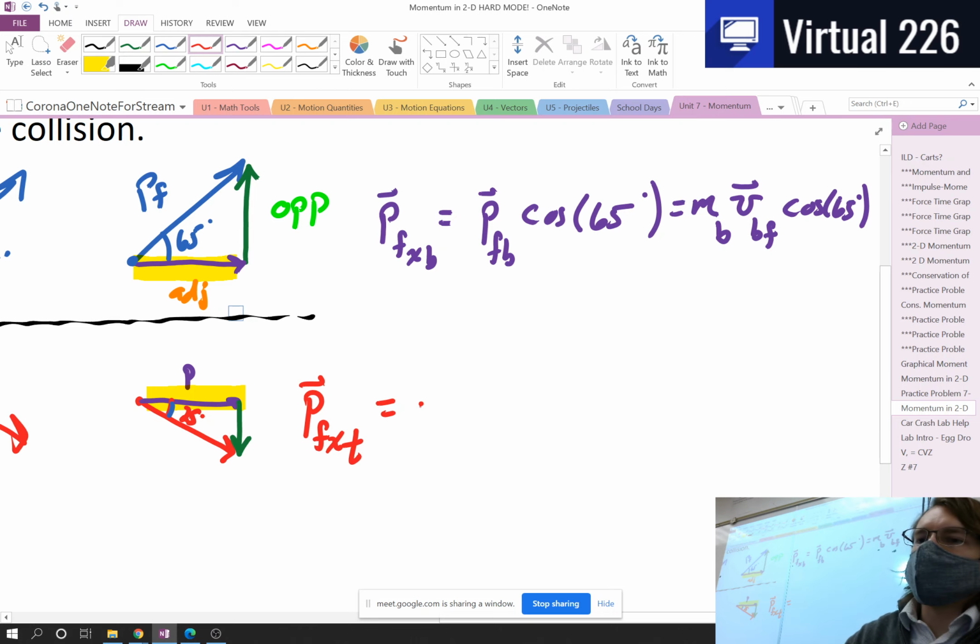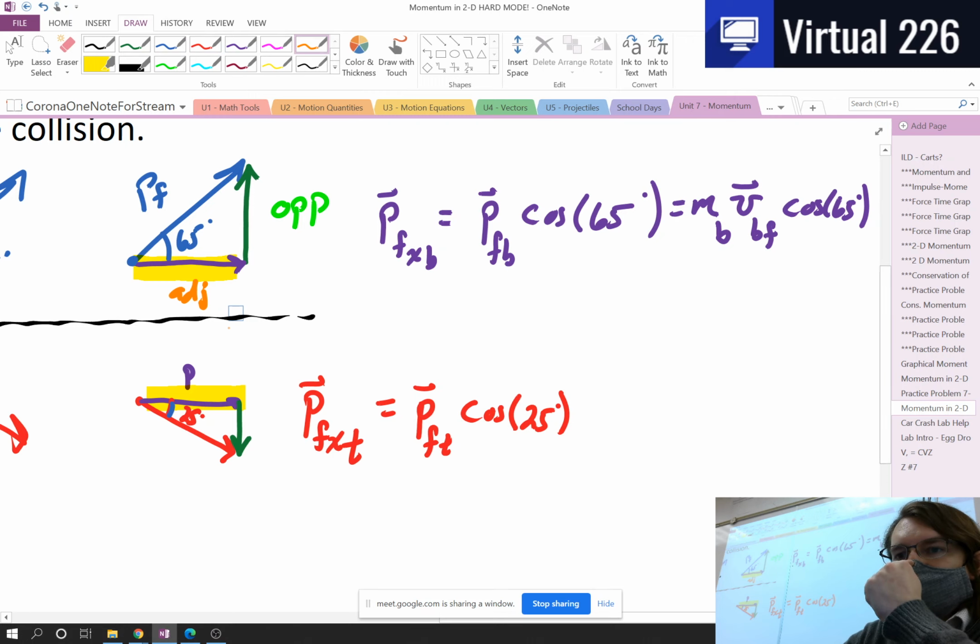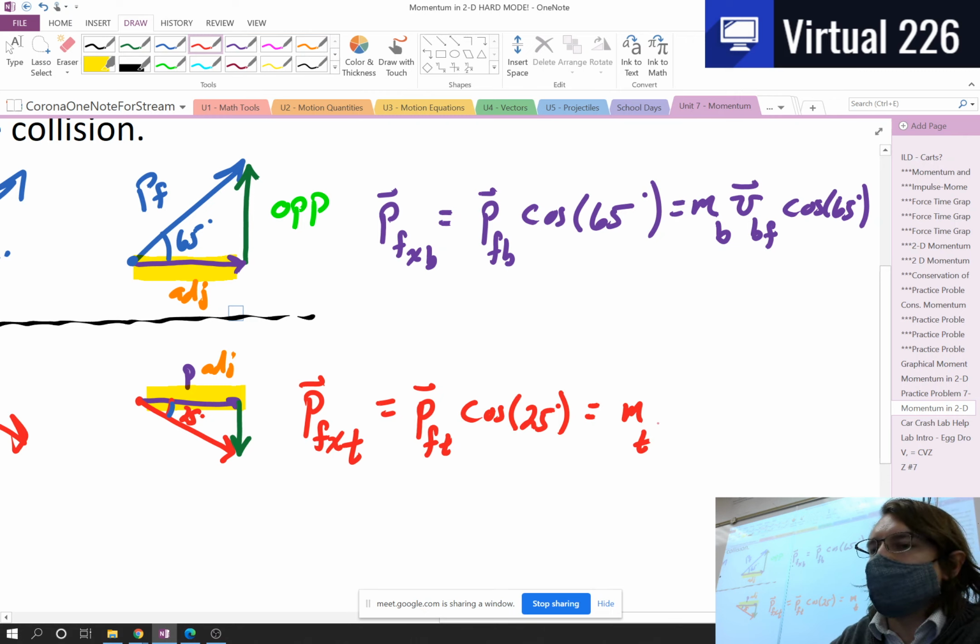Well, that's going to equal the final momentum of the tin can multiplied by the cosine of 25 degrees, because this is still the adjacent side of this lower triangle. So when we write that out in completeness, we have the mass of the tin can, empty, multiplied by the tin can's final velocity, multiplied by the cosine of 25 degrees.